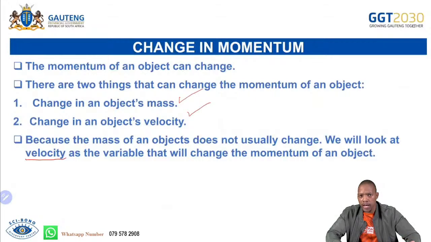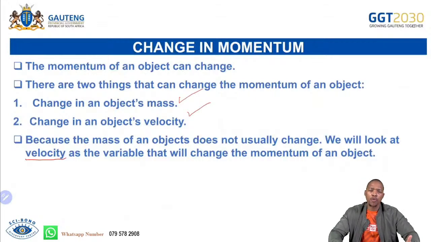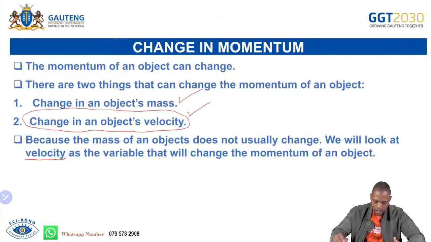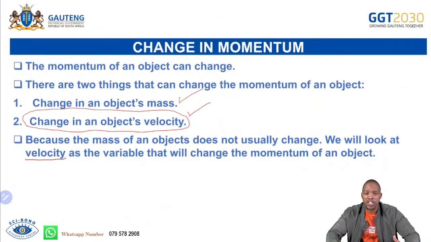Now, with that being said, for change in momentum, we can just focus on how the velocity is changing. So the factor that is going to be changing, all of the time for this year, is only the velocity. So only the velocity will change the momentum.